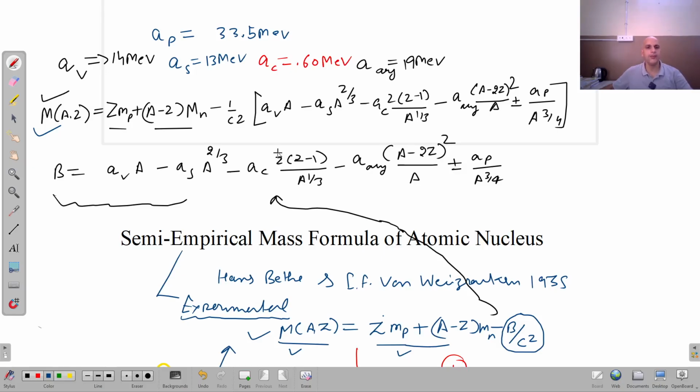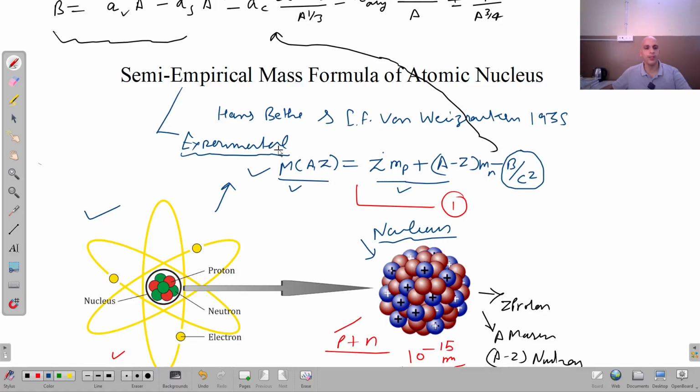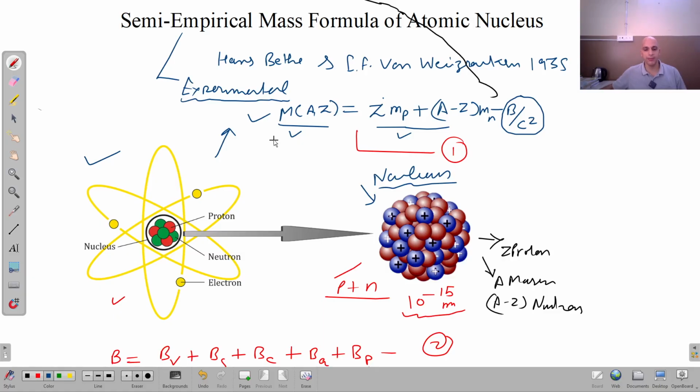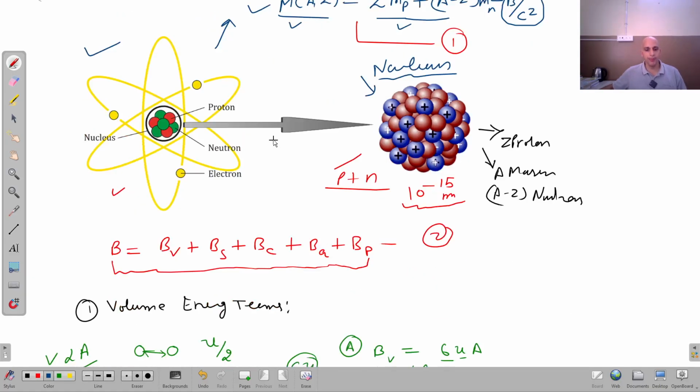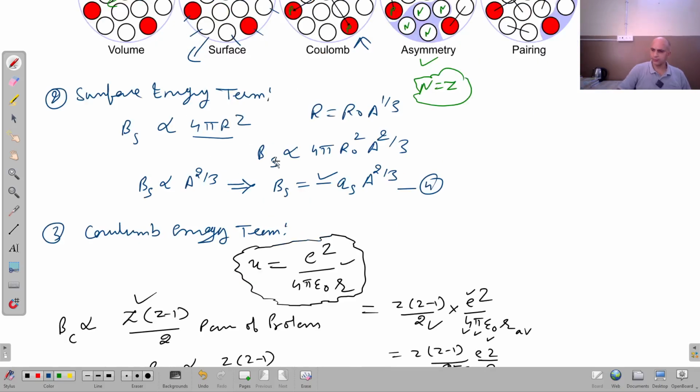I think I forgot to tell you one thing in the beginning: the few assumptions made by Hans Bethe and C.F. Weizsacker. Before deriving this formula, they made some assumptions, which I am counting one by one here. The first assumption was that the nuclear density is constant, I mean, the nuclear matter is distributed uniformly inside the nucleus.